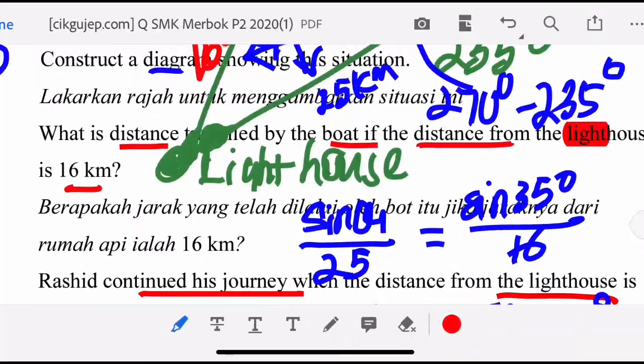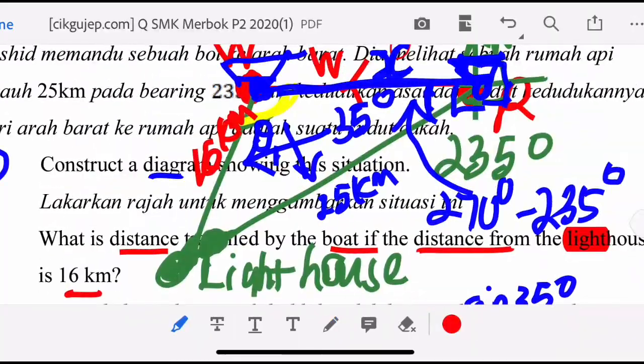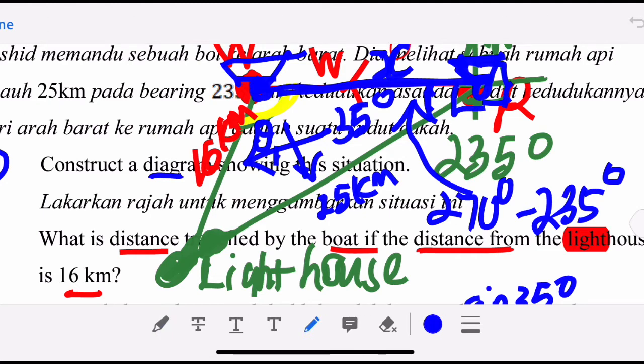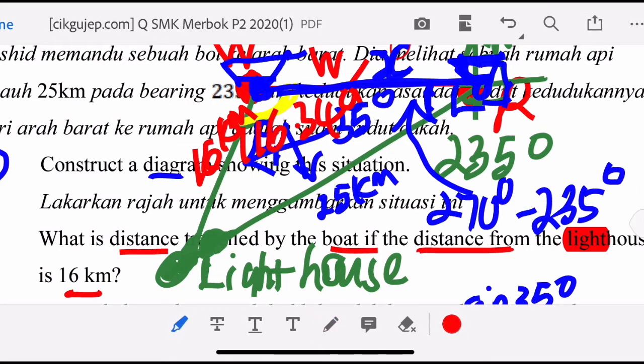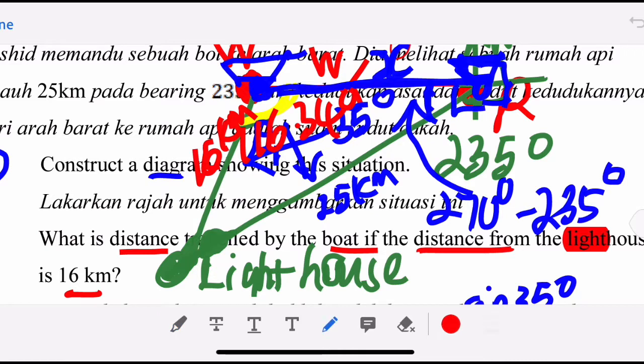That means theta 1 here should be obtuse, so this angle should be 116.34, right? Because it's obtuse. We have settled the angle, then we have to find the distance. So we can find this angle.